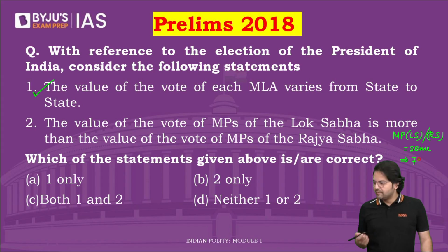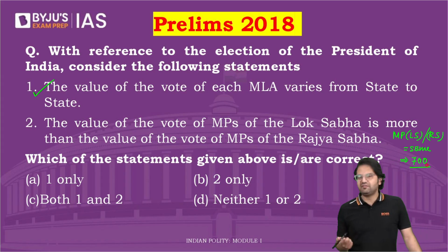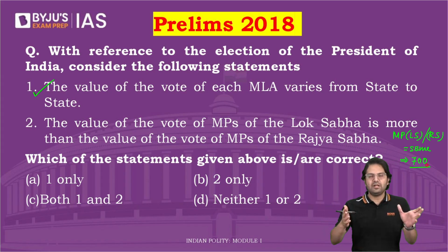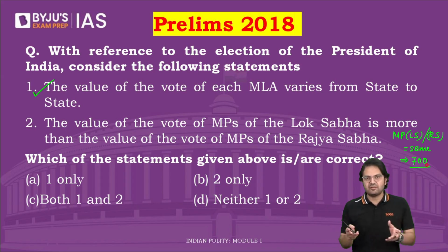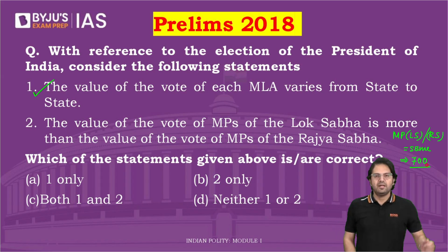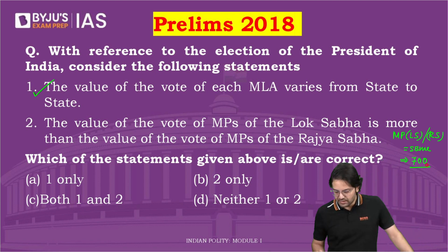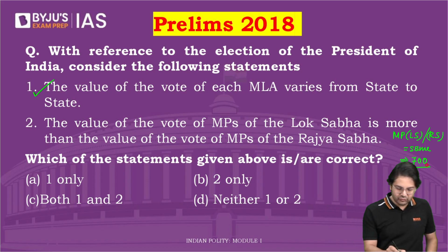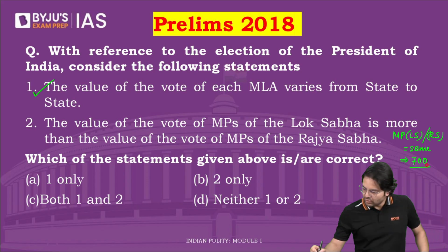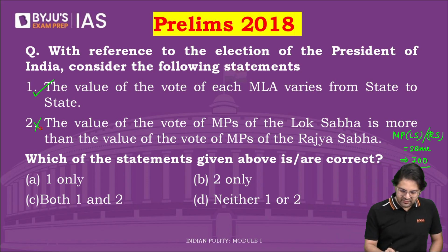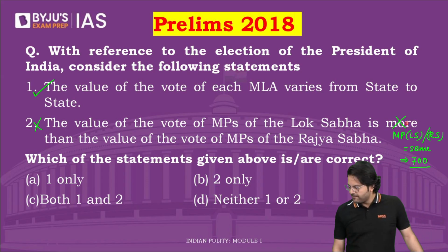Because the calculation is simply based on one factor. And what is that factor? The total vote value of all the MLAs upon the number of MPs. There is no segregation, no different formula for MP of Rajya Sabha and MP of Lok Sabha. Hence, this number is fixed at 700. So, of course, 2 is wrong. It is not more than. So, the answer is A, 1 only.